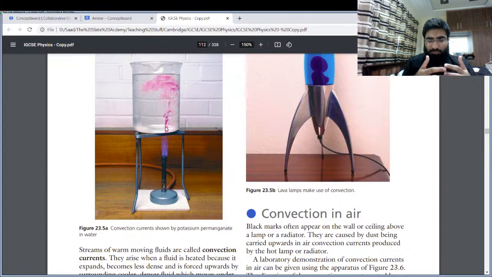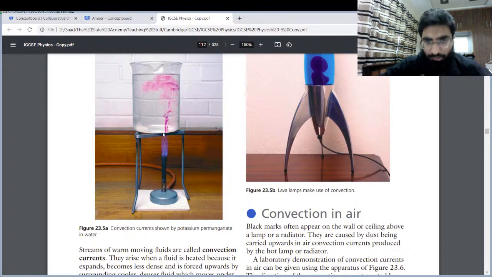Would the density of the liquid increase or decrease? It would decrease. Why? Because the volume has increased. For the same mass, volume has increased, and density is mass per unit volume. When the denominator volume increases, the overall density goes down.